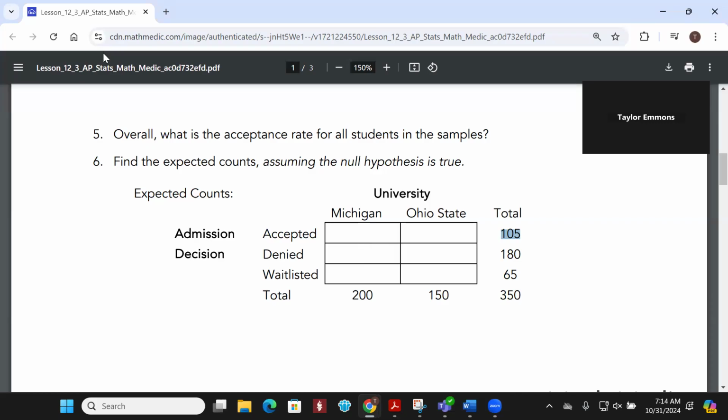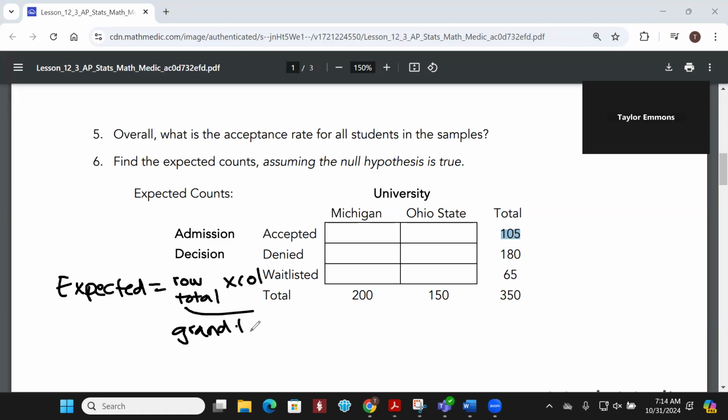Okay, so to find this expected count, it is your row total times your column total divided by the grand total. So the row total times the column total divided by the grand total.